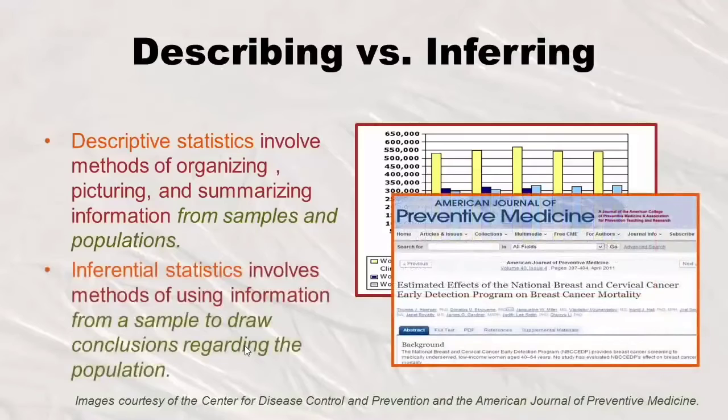But there's something very special about inferential statistics, and that involves methods of using information from a sample to draw conclusions regarding the population. Therefore, inferential statistics can only be done on a sample. And that's why it's called inferential, right? Because the sample is going to give a hint about what the population is.